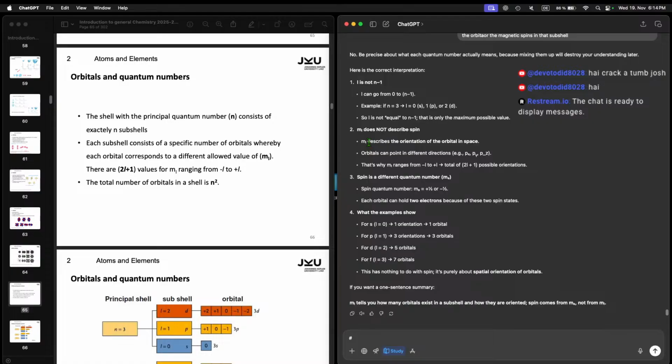m_l does not describe spin. m_l describes the orientation. Okay, that was not the spin, it was the orientation. Orientation of the orbital in space. Orbitals can point in different directions. That's why m_l ranges from -l to +l. Total of 2l plus 1 possible orientations.